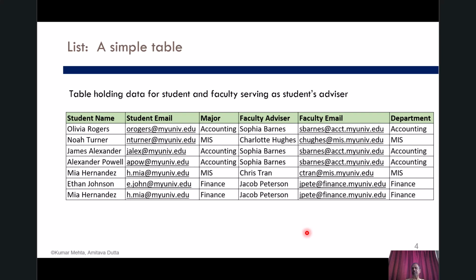For a particular faculty advisor, we might want to know who are all the students that this advisor is advising, or for a student, we might want to know who is the faculty advisor of this particular student. These are the kinds of questions you might want to ask of a database like this. In terms of manipulating the database, you might want to add a new student, or add a new faculty advisor.